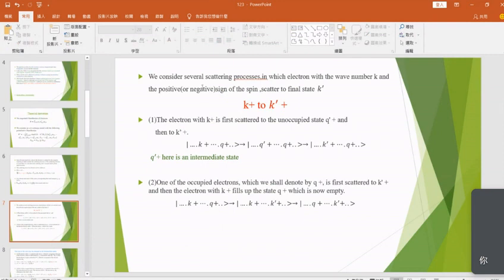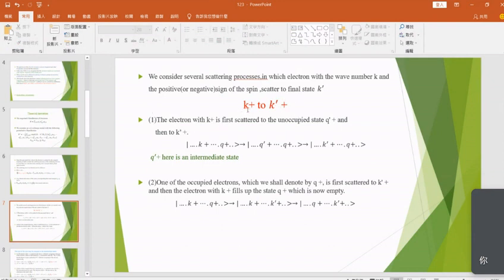Then we need to consider several scattering processes, since we need to know how the electron is scattered by the impurity. The initial electron has wave vector k, and the spin may be positive or negative, and the final state is k prime, and the spin can also be plus or minus.